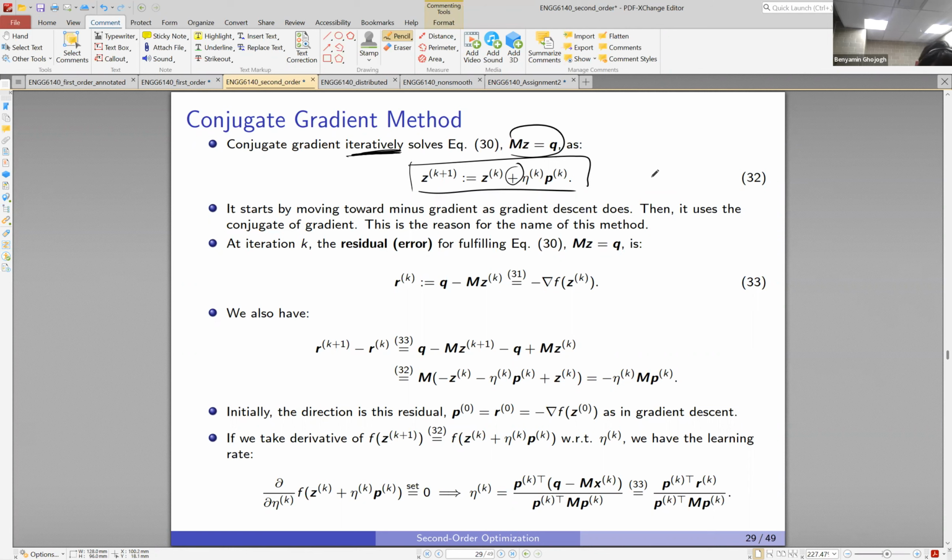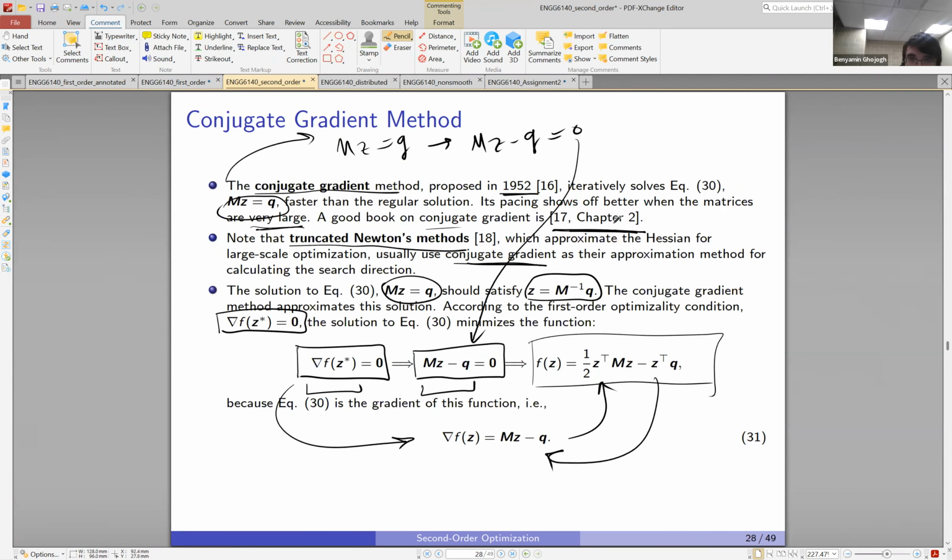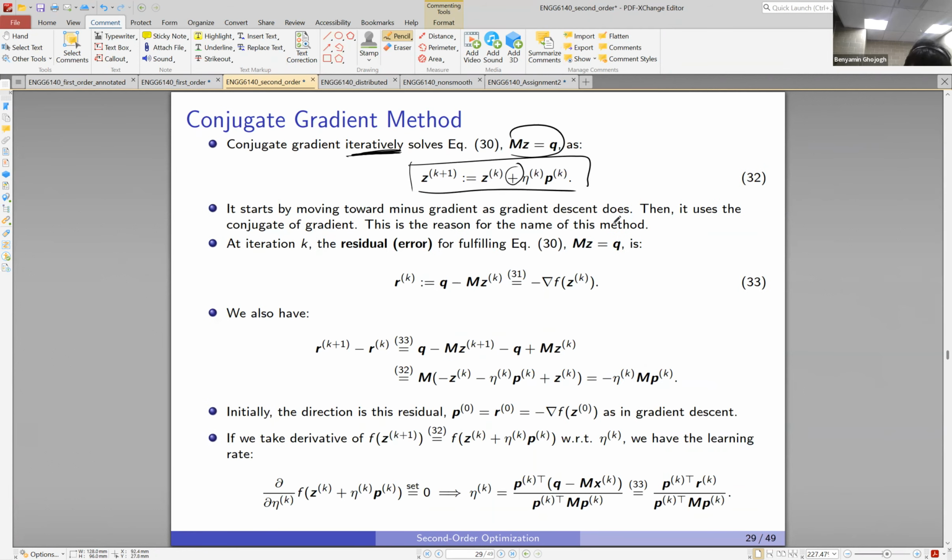Now, it starts by moving toward the minus gradient as gradient descent does. Why? Give me a second, you will see. So then it uses the conjugate of the gradient. This is the reason for the name of this method. Okay, we'll see. At iteration k, the residual or error for fulfilling equation 30, which is mz equals q, is this.